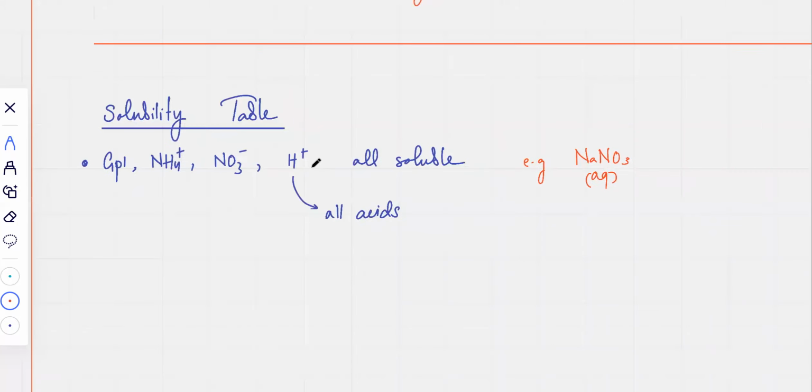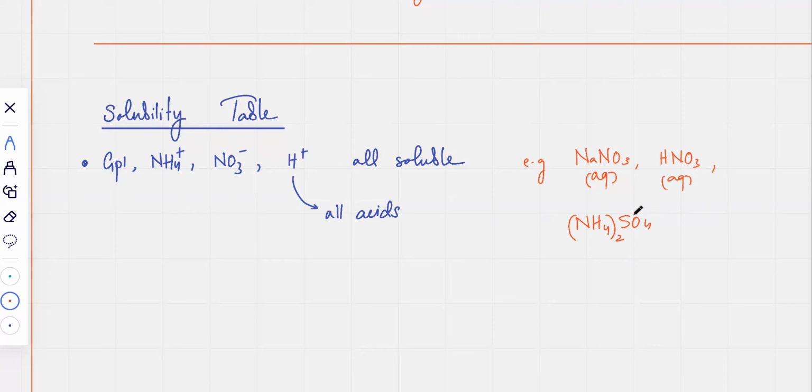Another example is HNO3, that is soluble because H+1 and NO3-1 would dissociate. Another is ammonium sulfate. SO4 is -2, so it's going to be NH4 twice and SO4. That is also going to be considered soluble.